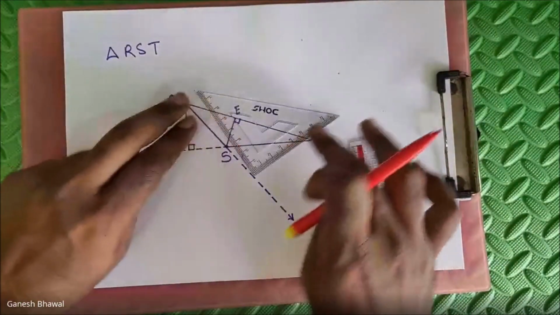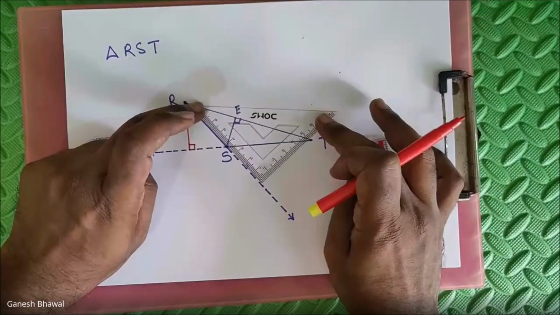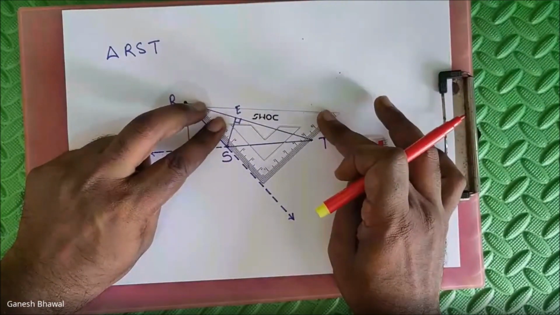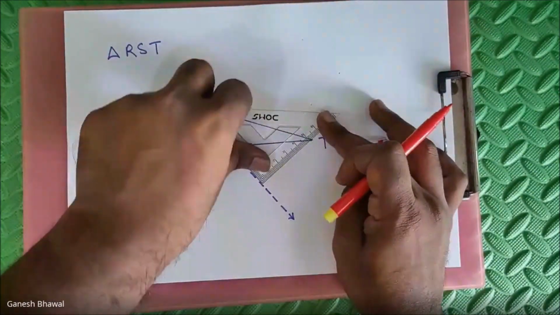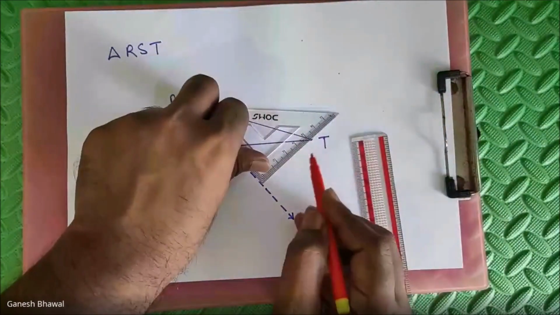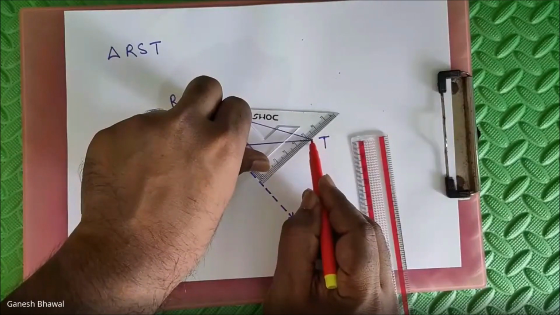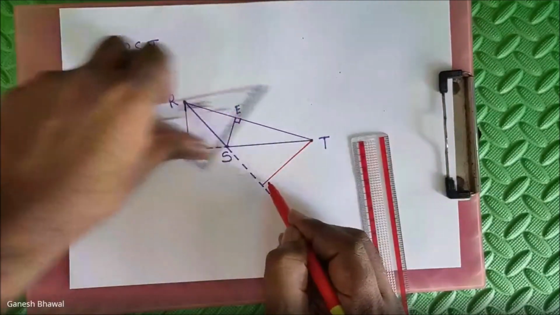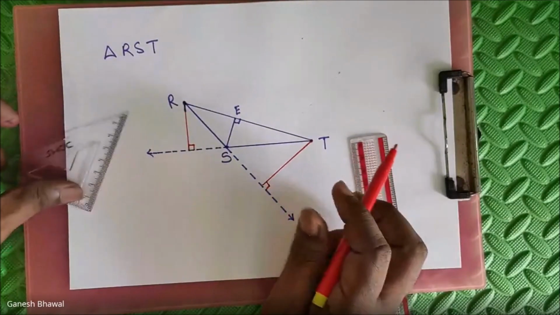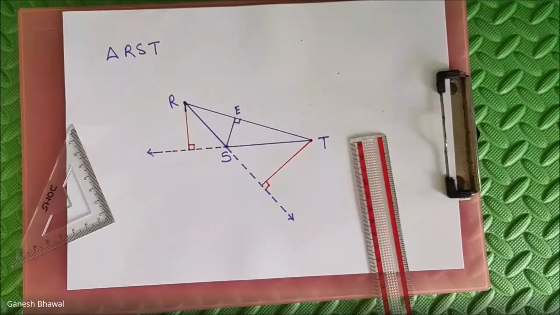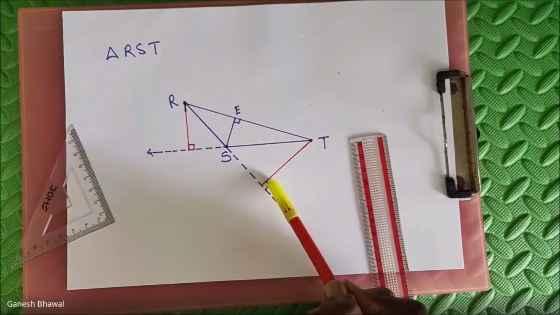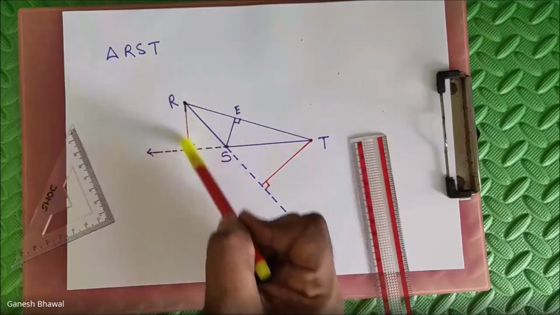Now I can keep this set square on side RS, and adjust the vertex on the vertical side of the set square, and now we can draw the perpendicular. This will be another altitude. Now this is the first altitude, second altitude, third altitude.